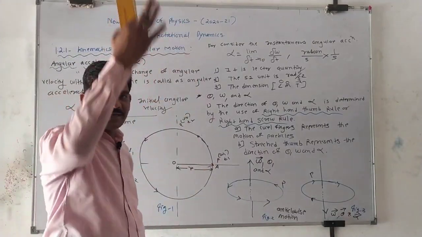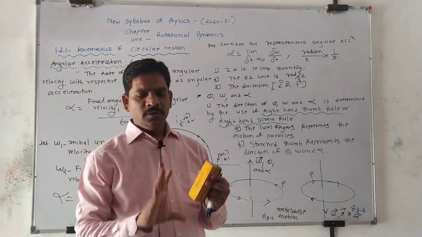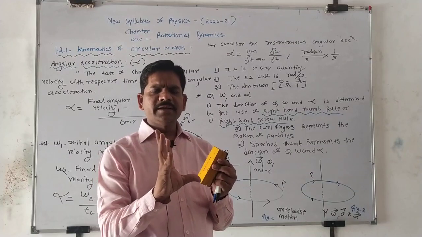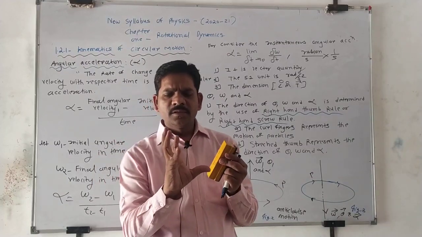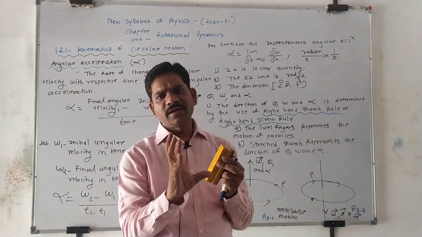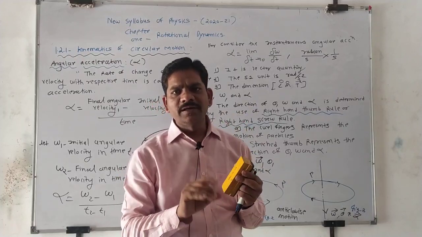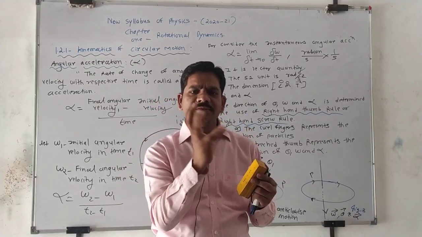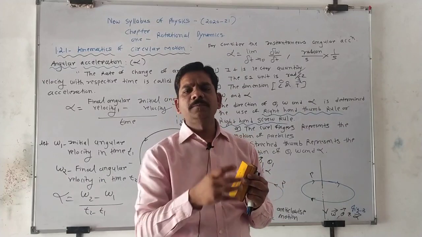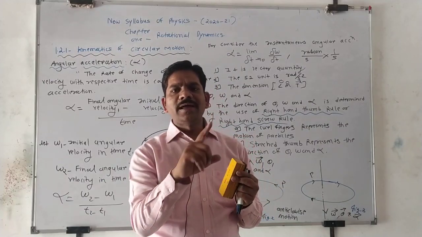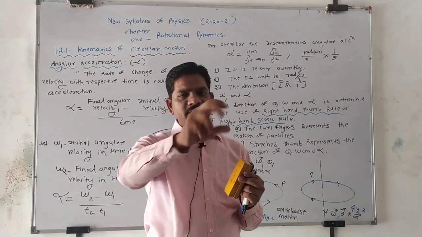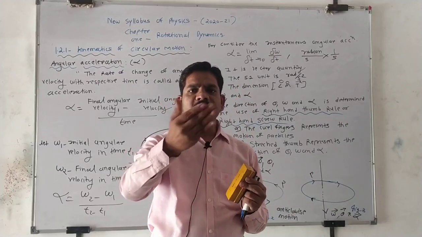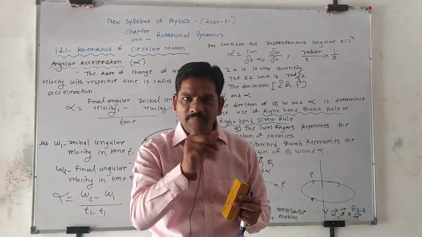Initially the electric fan is in a stopped condition, correct? When you switch on the button, the electric fan rotates. Yes or no? Yes. By using the regulator, we increase or decrease the speed, the angular velocity.